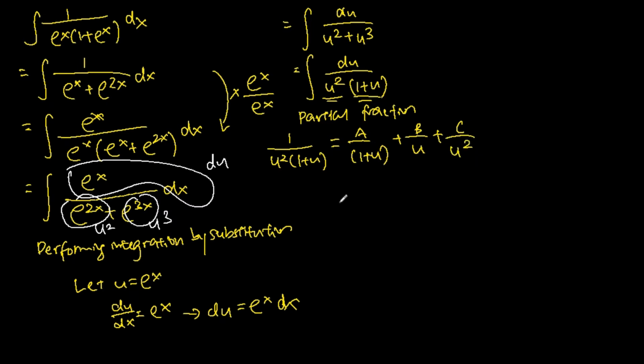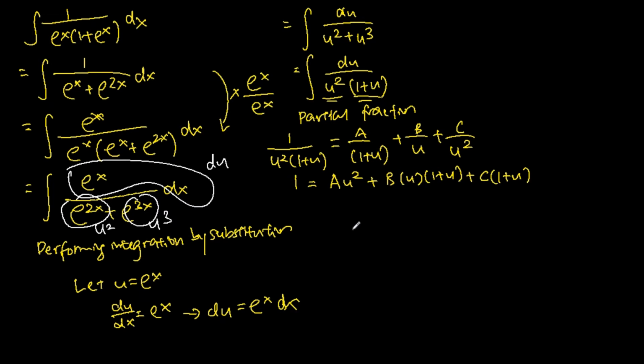And then when we multiply both sides by u squared times 1 plus u, we get 1 is equal to big A u squared plus big B u times 1 plus u, plus C times 1 plus u.